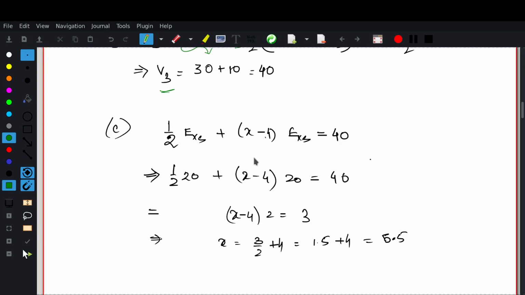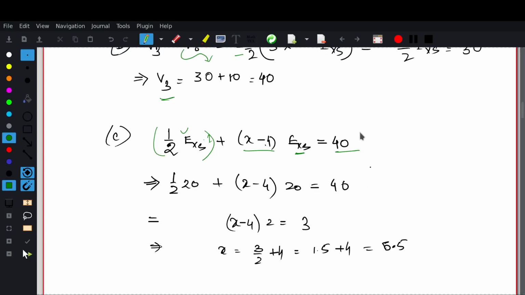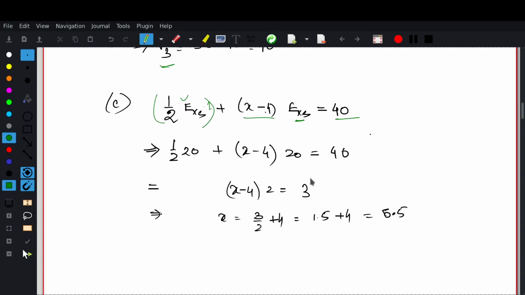In mathematical terms, the triangle's area is half times the height times the base, which is 1 in this case, and the area under the rectangular region is given by x minus 4 times this axis, right? And we will just put it to be 40, because we want this to cancel the other, negative half in the E region.